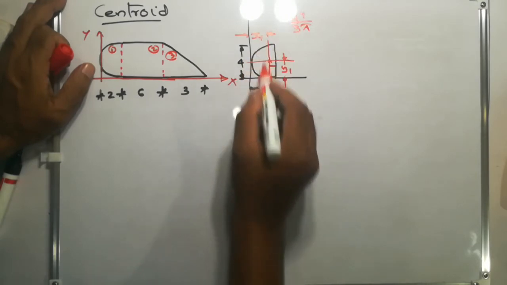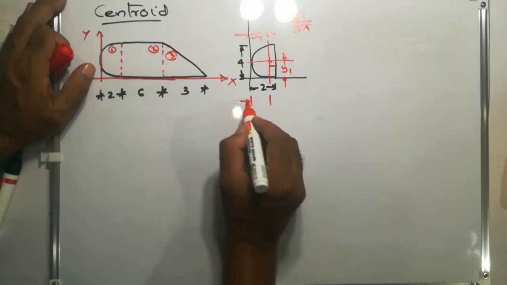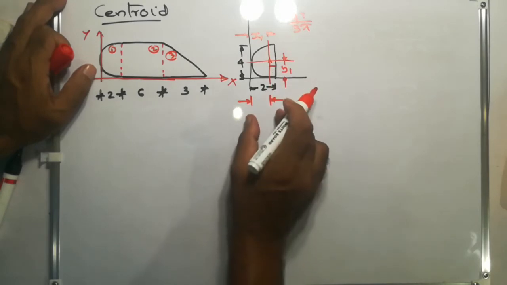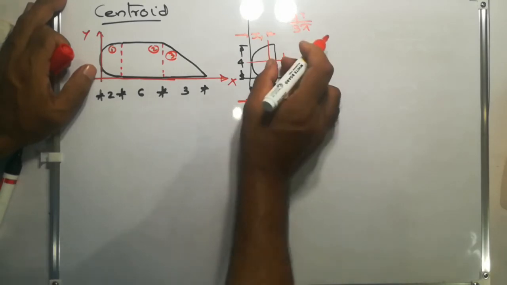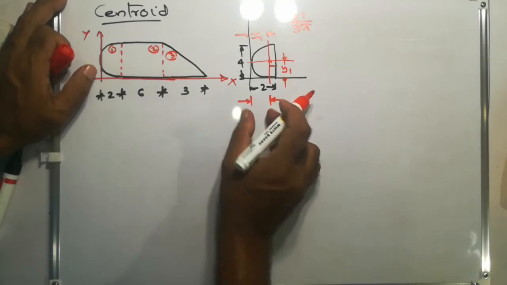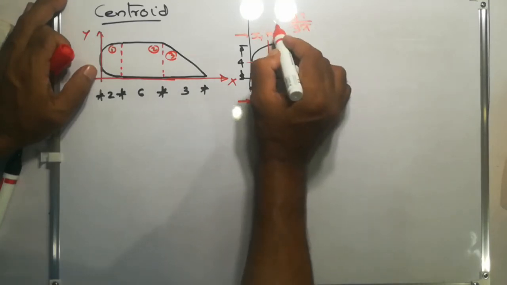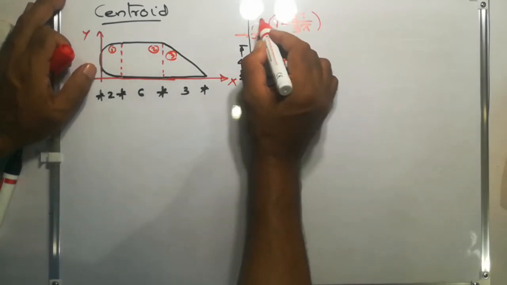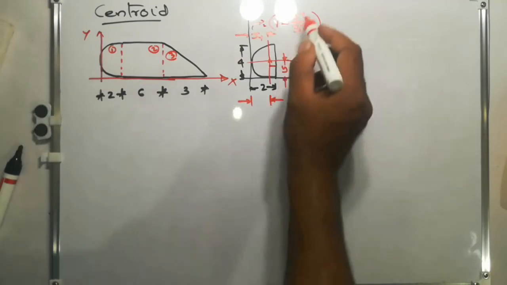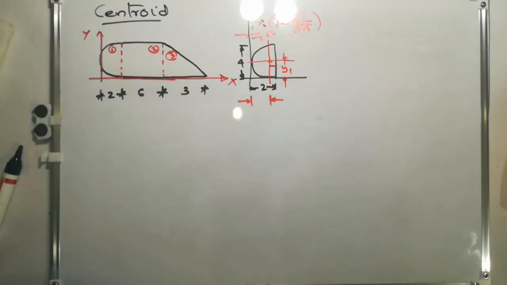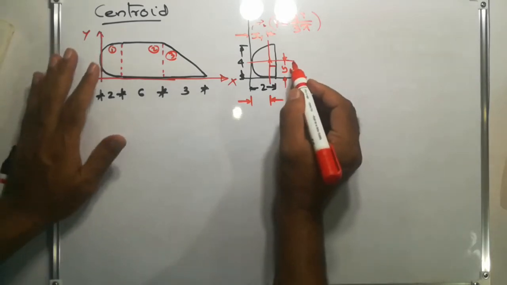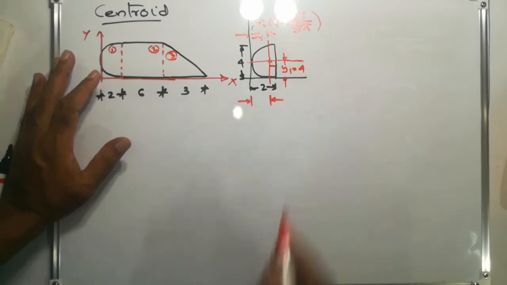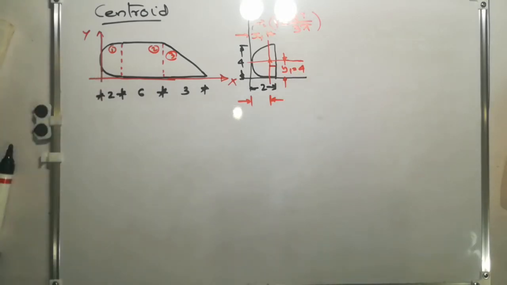We need this other distance, which will be r minus 4r by 3 pi. That is x1, x1 equal to r minus 4r by 3 pi. And y1 will be equal to just half of this, that is the radius itself, so y1 is equal to 2 centimeters.